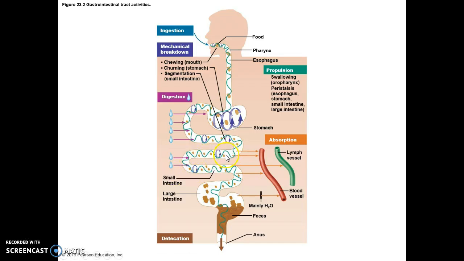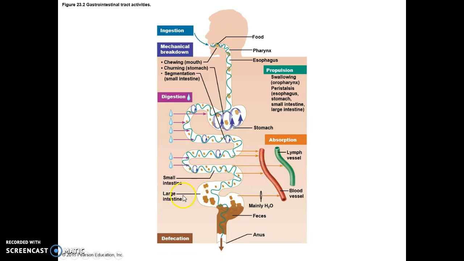The fat, which is in the form of chylomicrons, those are simply too large to be absorbed by the blood vessels, and they are picked up by the lymph vessels, these lacteals, found in the small intestine, and it is transported via the lymphatics and eventually dumped into the circulatory system.